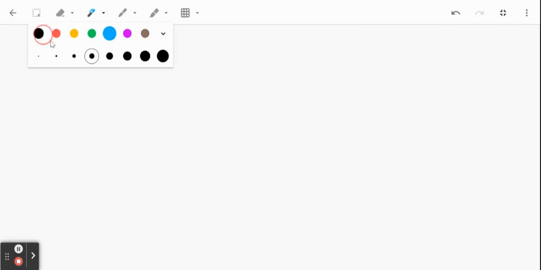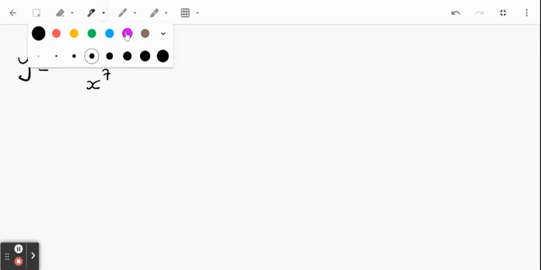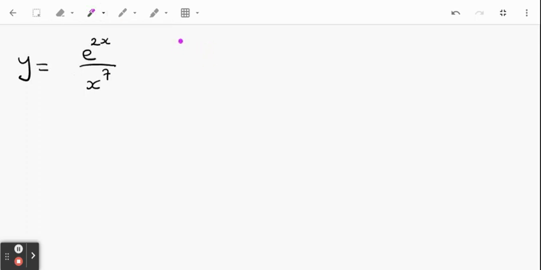And let's say that we have y is equal to e to the power of 2x over x to the power of 7. Okay, so we let u equal the numerator, e to the power of 2x, and then we let v equal x to the power of 7.